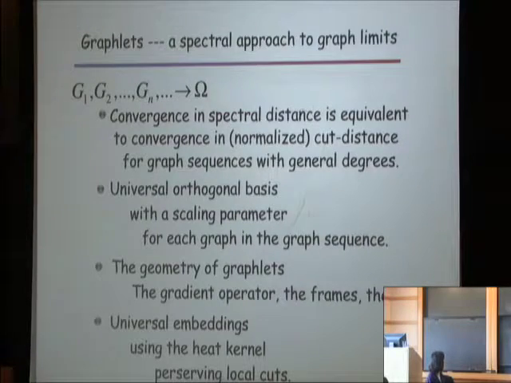So here is roughly an outline of what a graphlet is. We are going over convergence in spectral distance. Because of the name, graphlets, in analogy to wavelets, we have the basis, the geometry, universal embeddings, and so on.